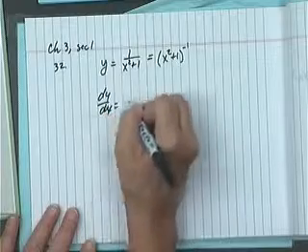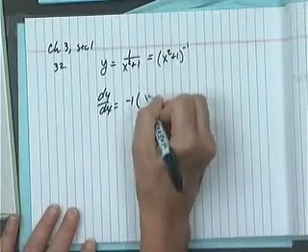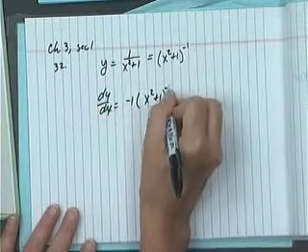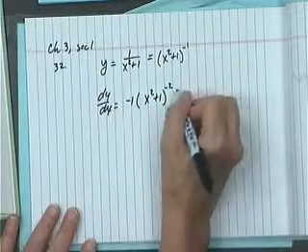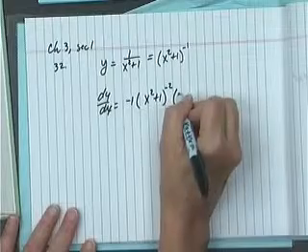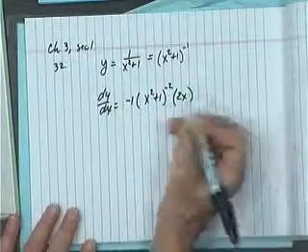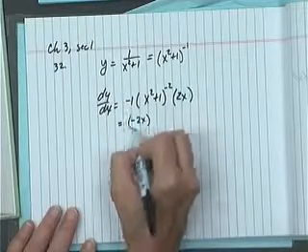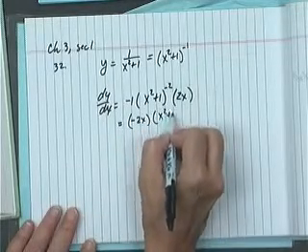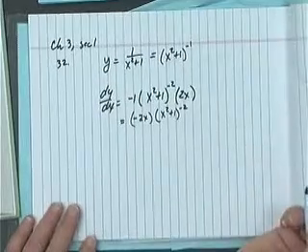So the first derivative is going to be -1, rewrite, decrease the exponent by 1. What else? Derivative of the inside, which is 2x. All right, so let's just clean that up a little bit. That looks like -2x times x squared plus 1 to the -2.